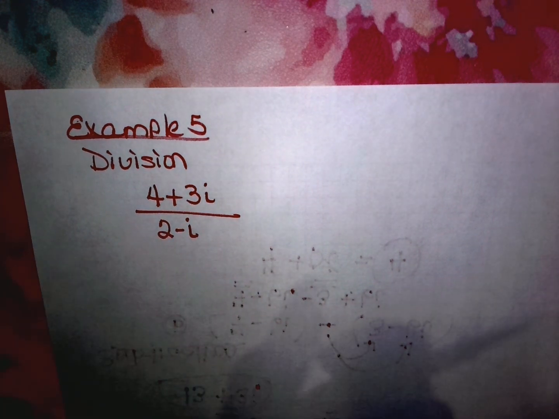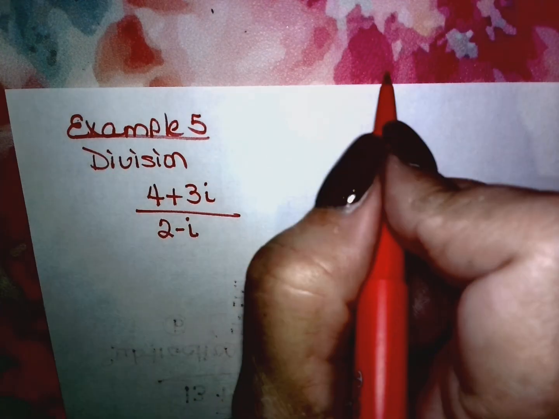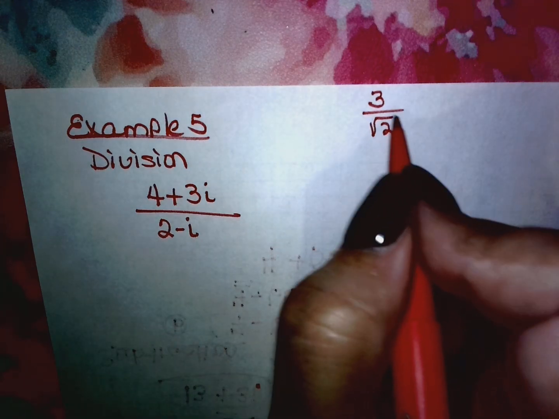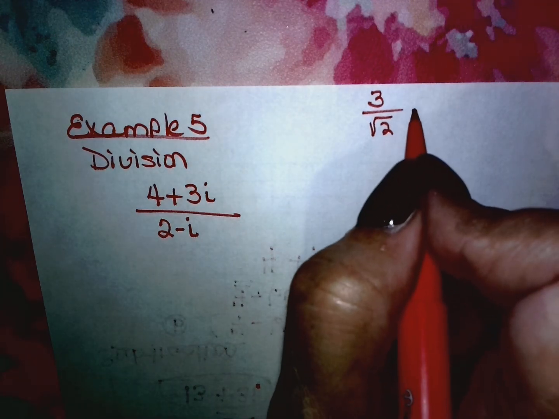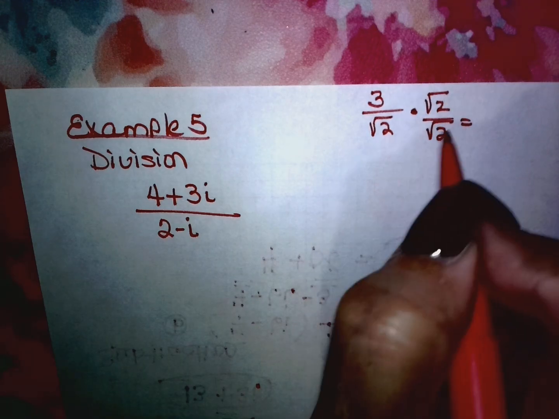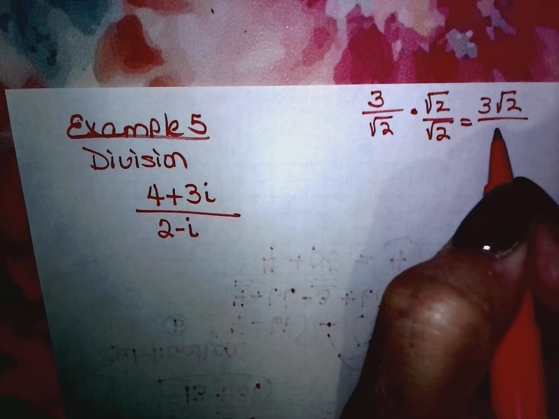Now, one of the things about imaginary numbers is that we cannot have them in the denominator of a fraction. It's horrible. You can't do it. Just like normally we can't do 3 over the square root of 2. I always tell you, no, get rid of the square roots. We can't have them in the denominator, and you have to rationalize the denominator, and you get something like this.